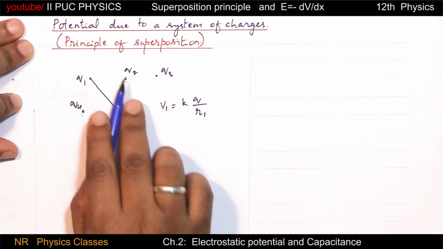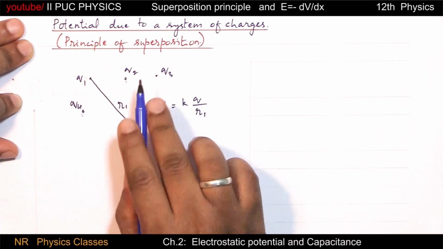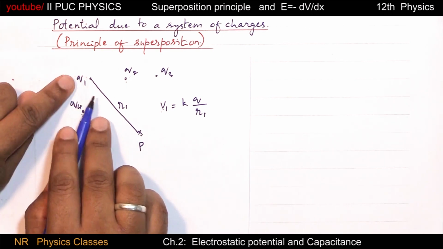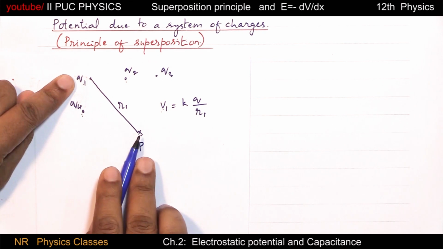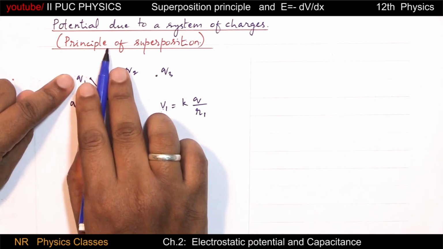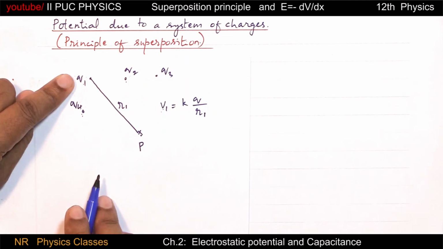That is the beauty of the principle of superposition. They will contribute some potential at point P, but the potential due to Q1 at point P is not disturbed by the presence of neighboring charges. That is the principle of superposition.